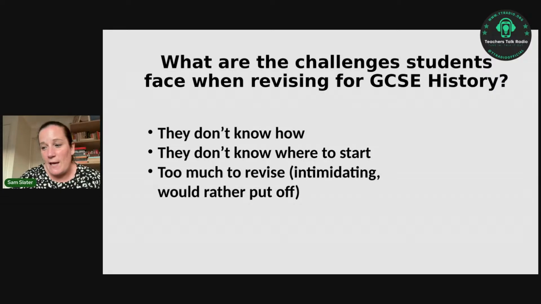And so they get to the end of Key Stage 4, they've got X numbers of exercise books, can be like 6 exercise books in some cases. They look at it, it's intimidating, they don't know where to start. And so then leads the avoidance tactics. Oh, I'll do it tomorrow. I don't know what to do. I'll come back to that. I'll read through my book. And we all know that some of those approaches to revision aren't successful, aren't effective.